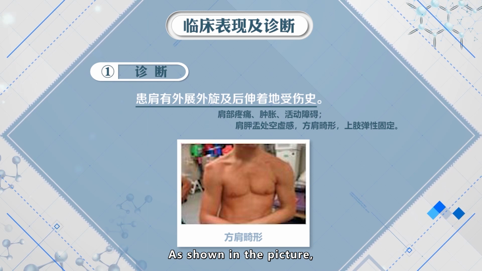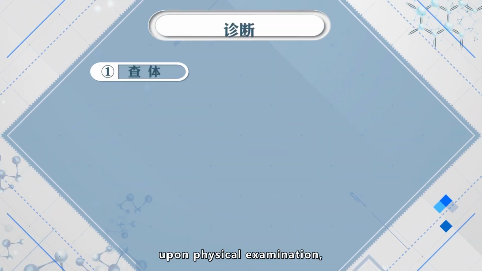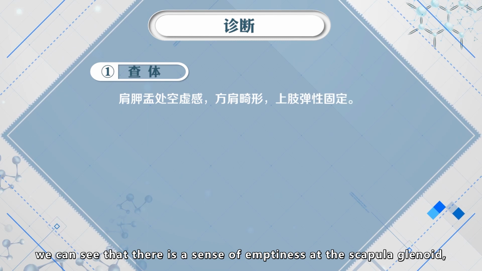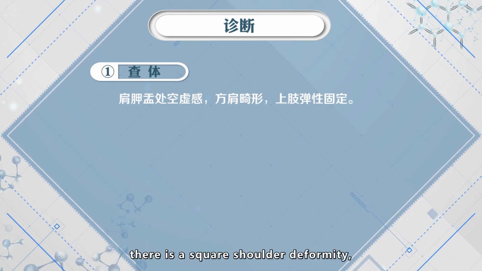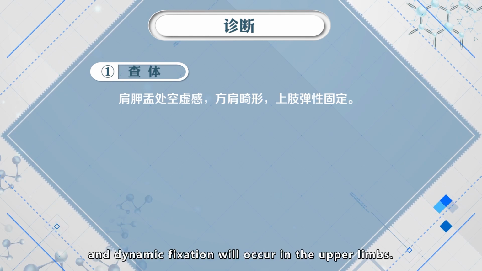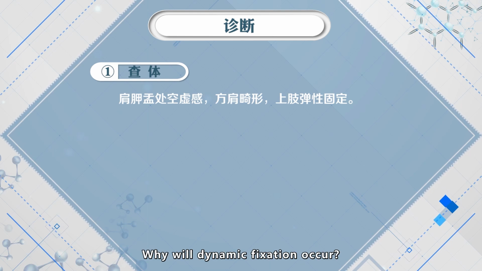As shown in the picture, upon physical examination, we can see that there is a sense of emptiness at the scapular glenoid. There is a square shoulder deformity, and the dynamic fixation will occur in the upper limbs. Why will dynamic fixation occur?